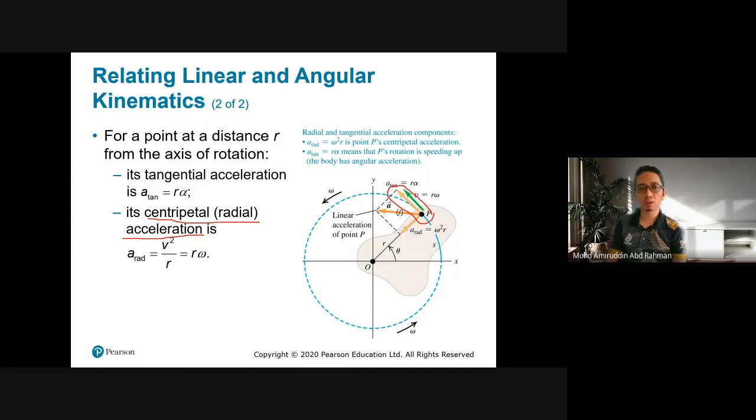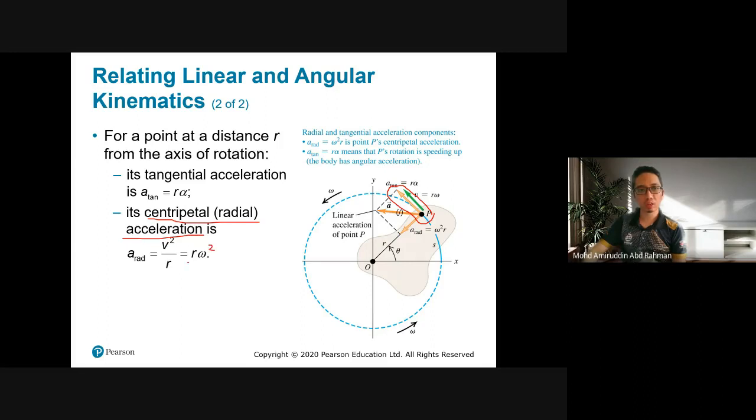So how do we calculate that? The a radial is equal to v squared over r. The v we obtained before is r omega. So we have v squared over r, and now a radial should be r omega squared.